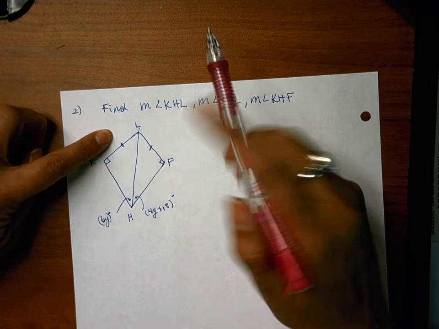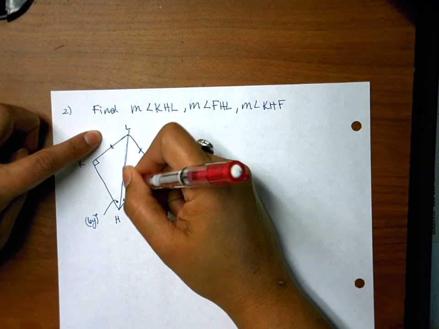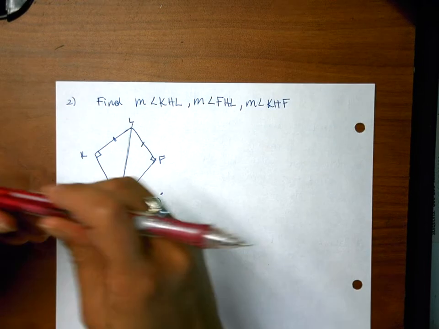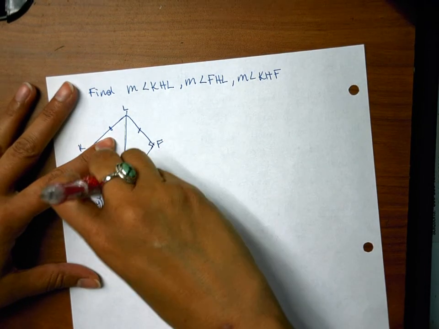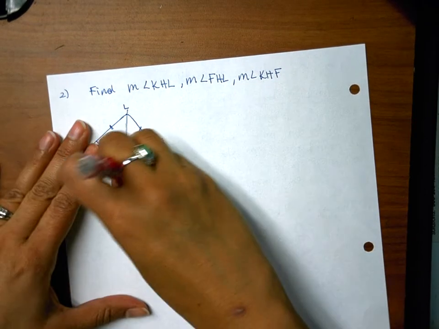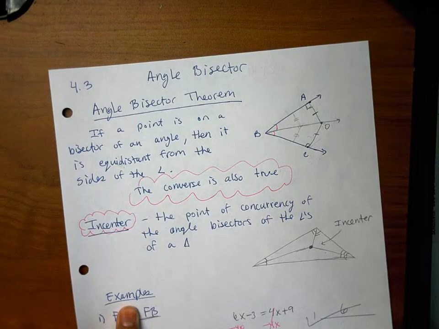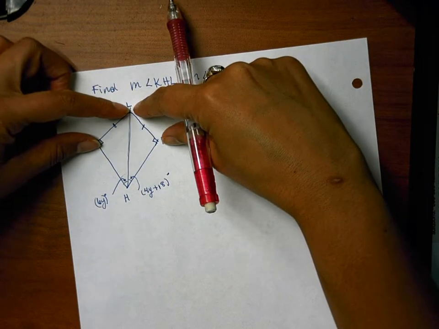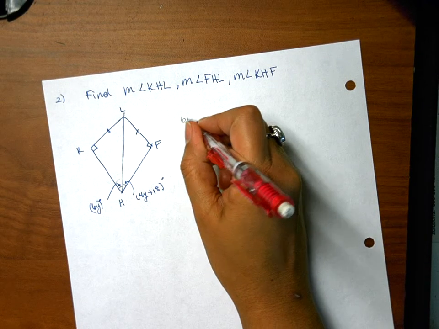So if these two are congruent, then L lies on the angle bisector. So it didn't give us those markings, but we have enough information to know that those two little angles are congruent. Converse of the angle bisector theorem. So if you have something like this on the test, those are congruent, then you know that this line here is indeed the angle bisector.